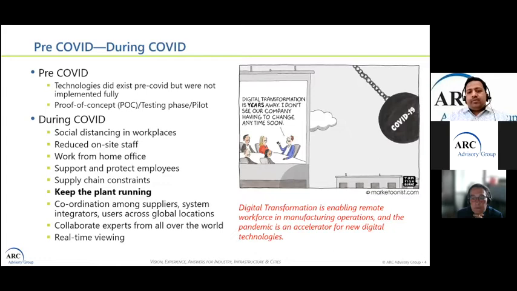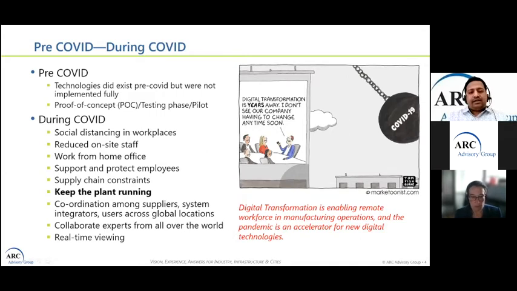For example, if a machine went down, vendors were not able to get their expert staff to the plant to fix an issue. So it was very clear that companies needed to work on a strategy to collaborate with remote experts to support their on-site workers. And so the pandemic was, in our view, clearly an accelerator for new digital technologies.